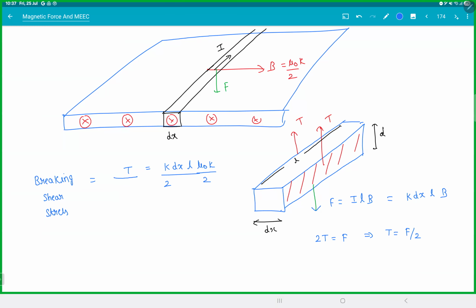Tension by area will be L into D. L got cancelled. Mu naught K square by 4D dx. Something went wrong. So it is depending on how much thickness I took. That is not right.